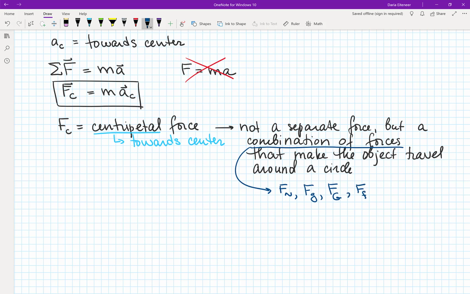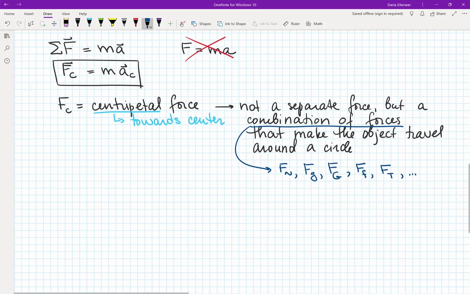Force of friction, force of tension, and so on. So basically, there is no prescription of how this centripetal force is made. It really depends on the situation. It really depends on what other forces are present. I will show you a couple of examples in a few minutes.